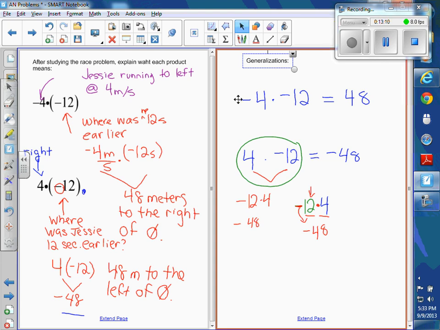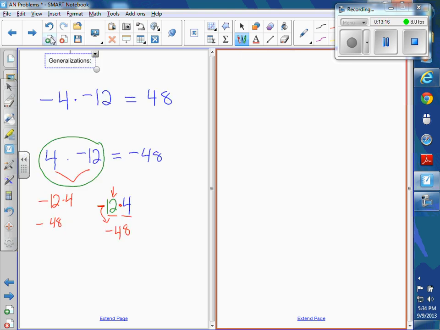Up here, you can apply that same concept. We have two numbers, negative 4 and negative 12. Now we have two negatives. We could order them however we want. So if we just keep them in that order, we could just first think about 4 times negative 12.